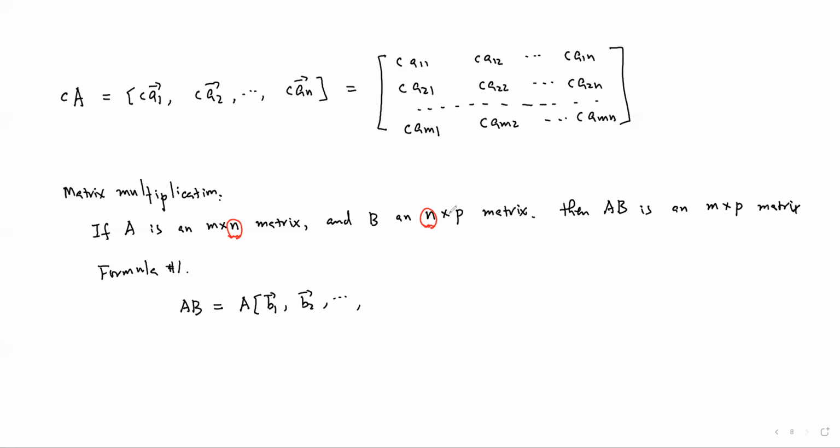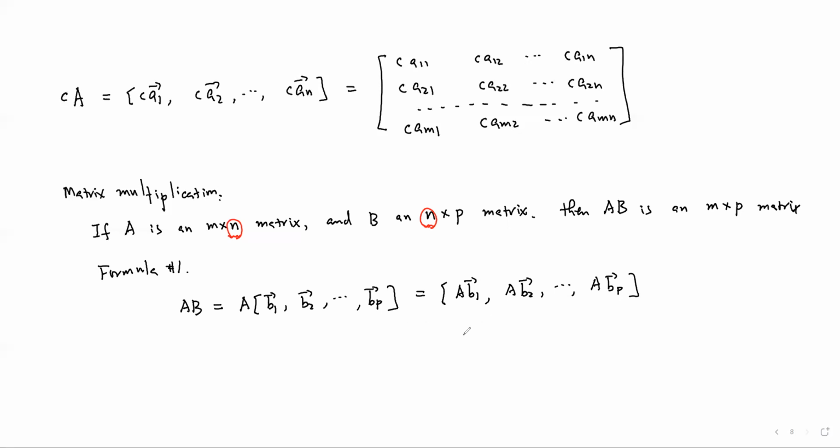N by P, P columns, BP. A times B: this matrix is A times B1. We know how to compute a matrix times a vector. That is in chapter 1. A times B2, A times BP.